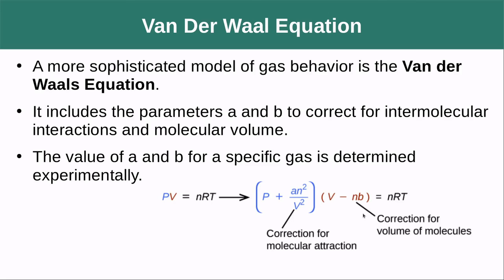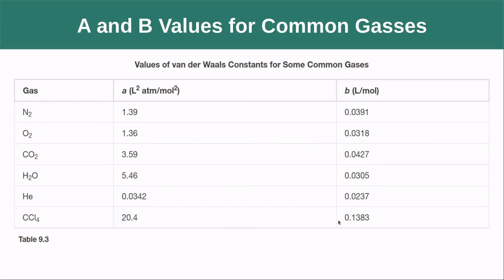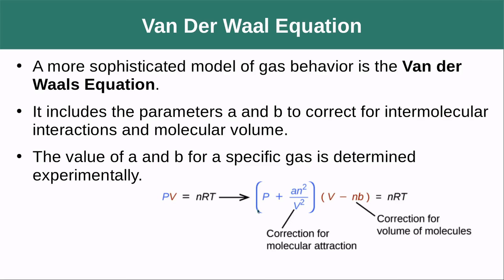Basically, they do a whole bunch of experiments and graph them all out, and use that to determine what A and B would be for that gas. And you can see that they've got some tables where they list these A and B values so that you can use this to determine properties just like you would the ideal gas law.